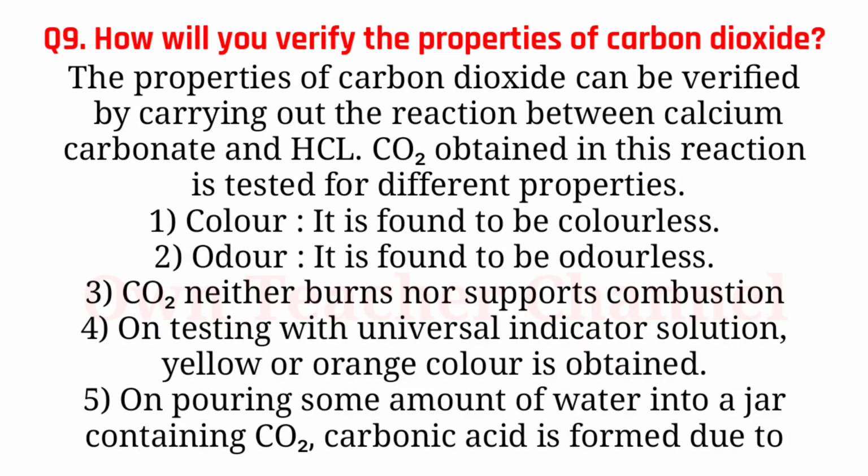Color. It is found to be colorless. 2. Odor. It is found to be odorless. 3. Carbon dioxide neither burns nor supports combustion. 4. On testing with universal indicator solution, a yellow or orange color is obtained.